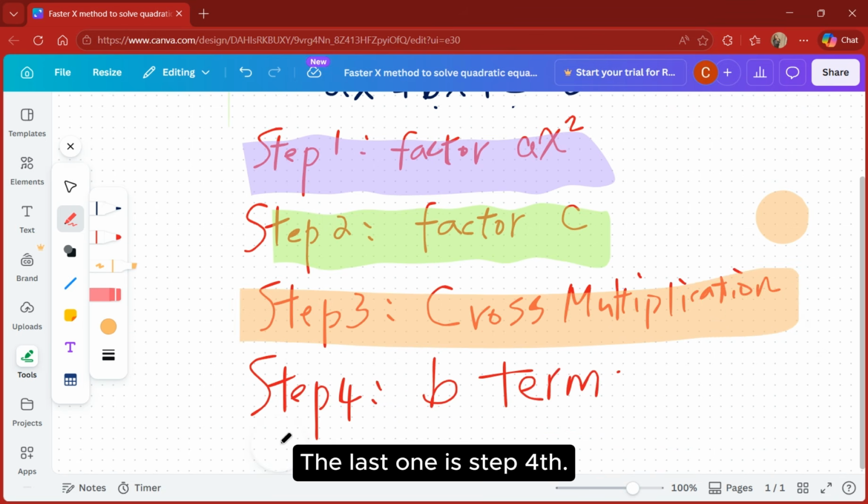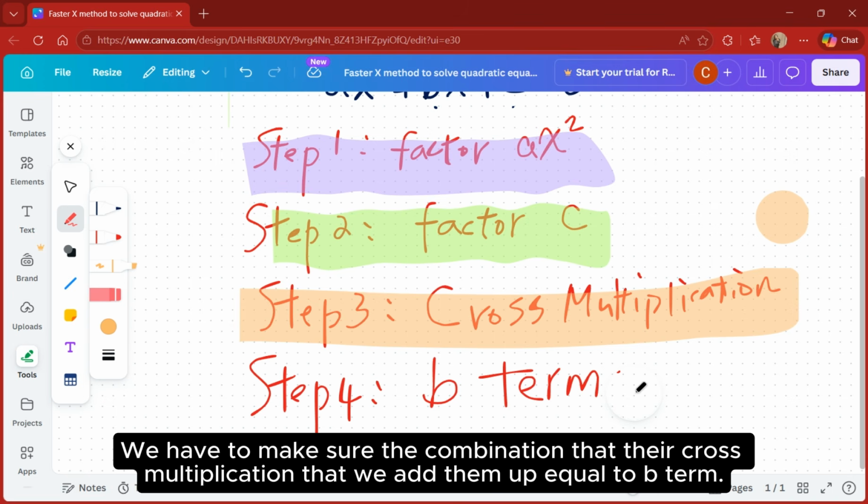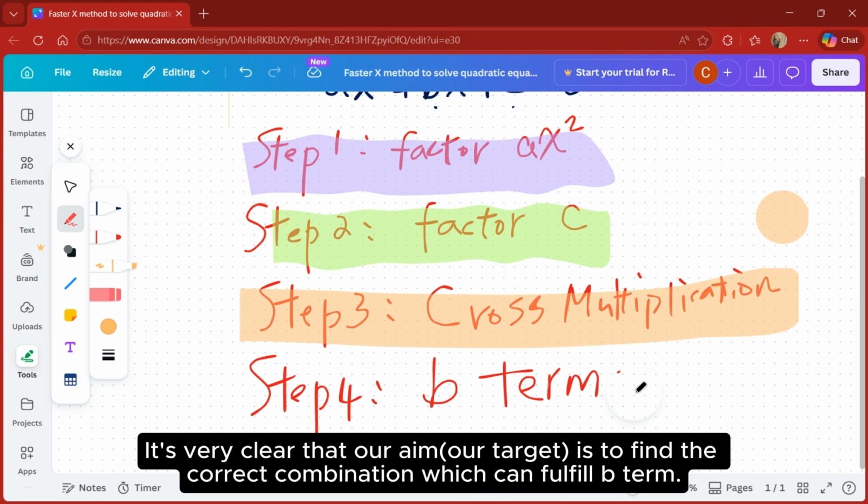And the last one, step four, we have to make sure the combination, their cross multiplication added up, is equal to the b term. So it's very clear that our target is to find the correct combination which can fulfill the b term.